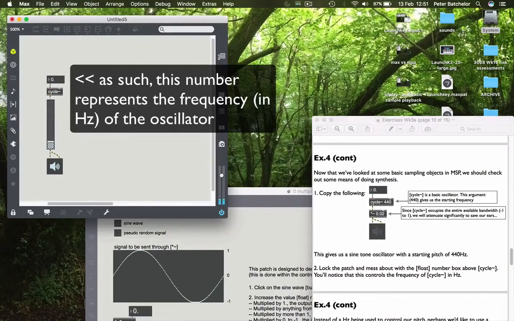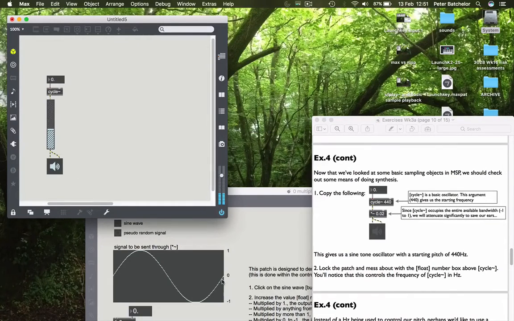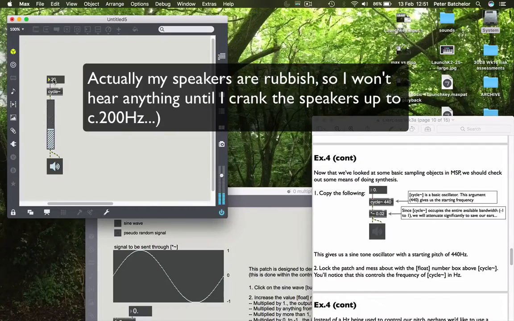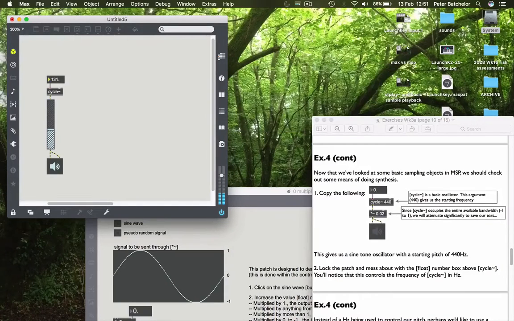So if I turn up the volume a little bit, we don't hear anything because we've got this shape happening at 0 Hertz, so 0 times a second. We wouldn't hear anything until we reached about 20 Hertz. I need to crank up the frequency more than that if I want to hear anything on my speakers. Still not hearing anything.